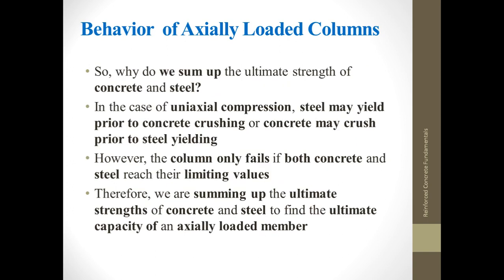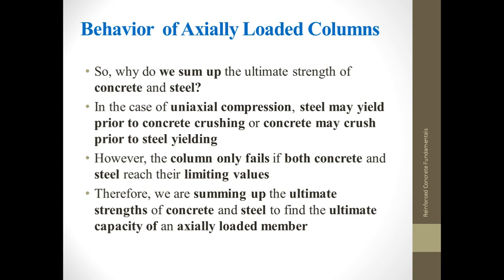So you might be wondering, why are we adding up both the ultimate strength of concrete and the ultimate strength of steel at the same time? The answer is quite simple actually. In the case of uniaxial compression, steel may yield prior to concrete crushing, or concrete may crush prior to steel yielding.